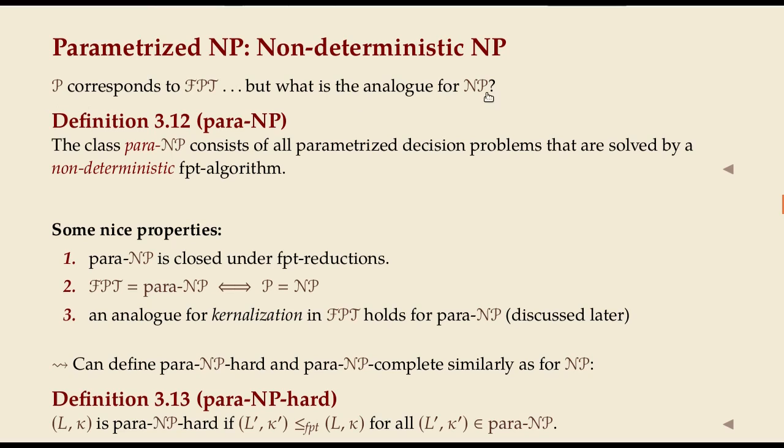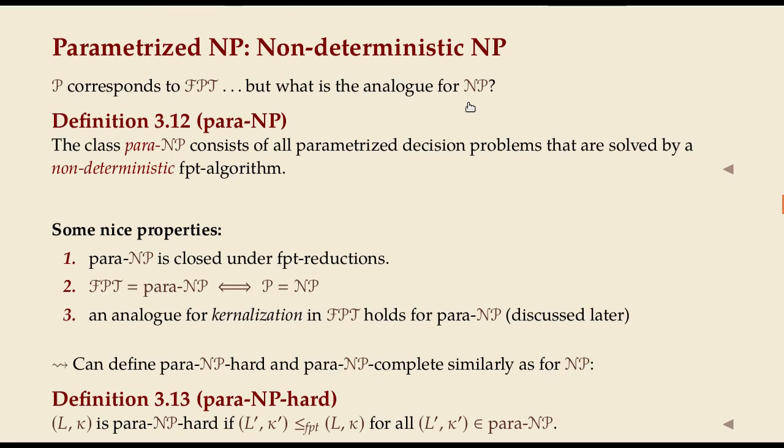So recall how we defined the classes P and NP. We've shown in the first lecture that NP can be given as the class of verified problems, problems that have a polytime verifier, so that given a certificate we can check whether the problem is a yes or no instance in polytime. But it's not so clear how we should squeeze in the parameter in this definition.